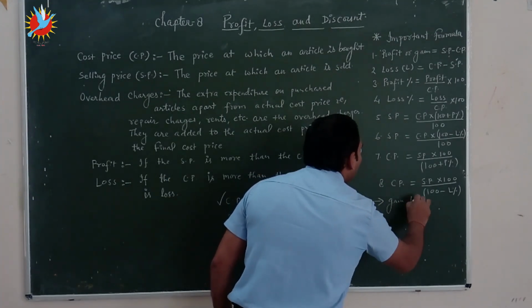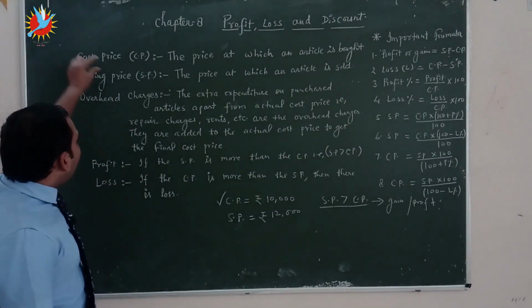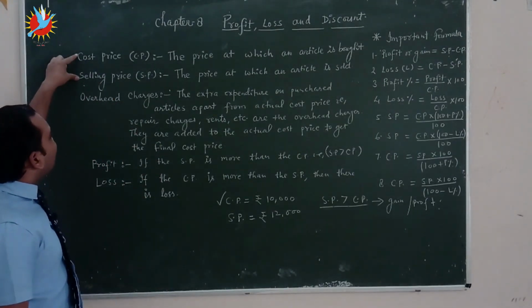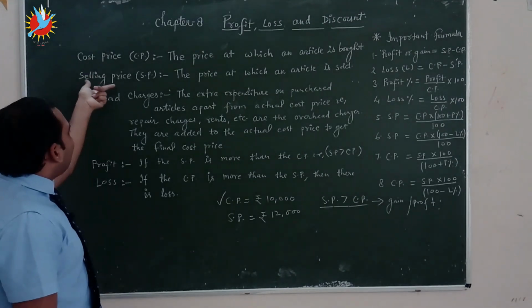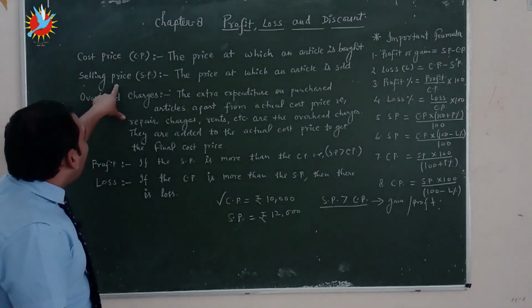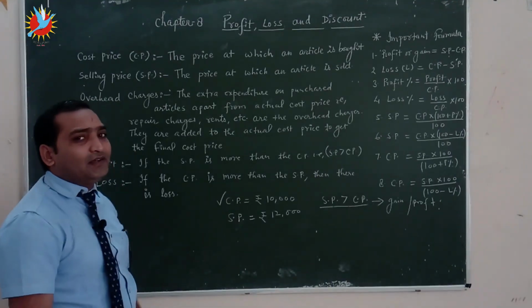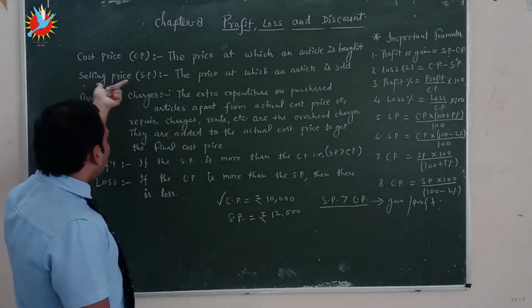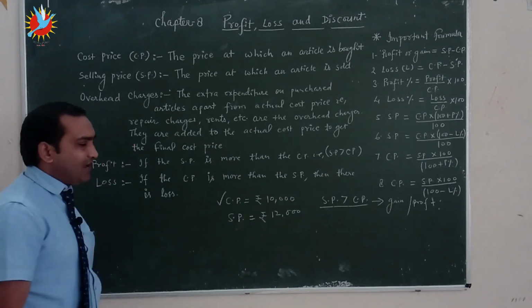Gain means profit. So it is clear that cost price is the purchasing price of the object, and selling price is the amount for which we sell the object.